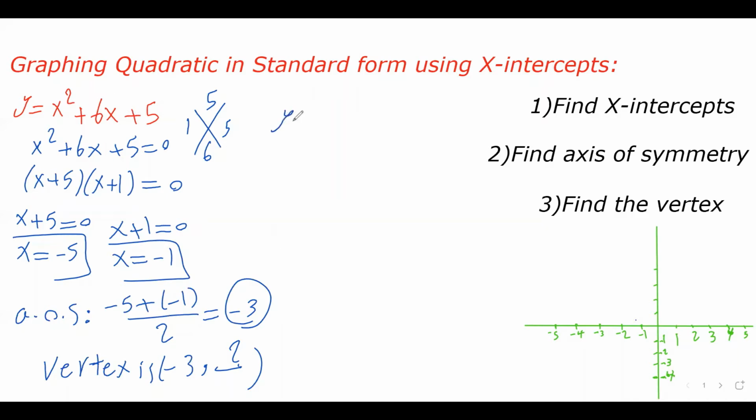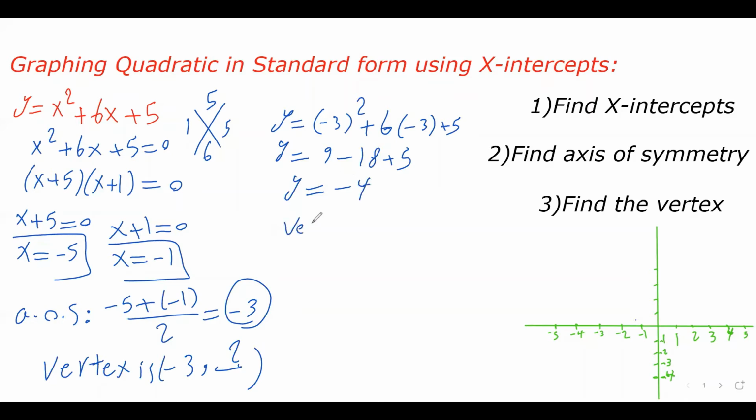So y equals, instead of x, I plug in -3 squared plus 6 times -3 plus 5. So y equals 9 minus 18 plus 5. This gives me -4.